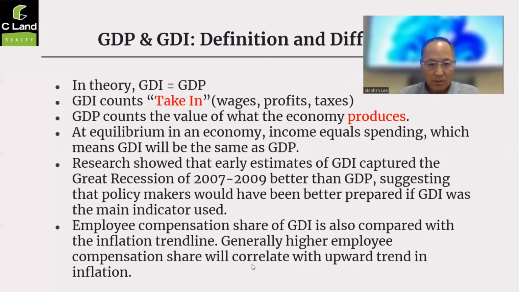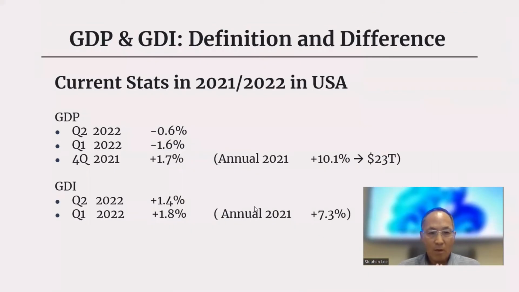Okay, so we want to take a look at the current statistics. Current stats in 2021, 2022 in the US. Let's take a look at the GDP. Fourth quarter of 2021, GDP growth was positive 1.7%.